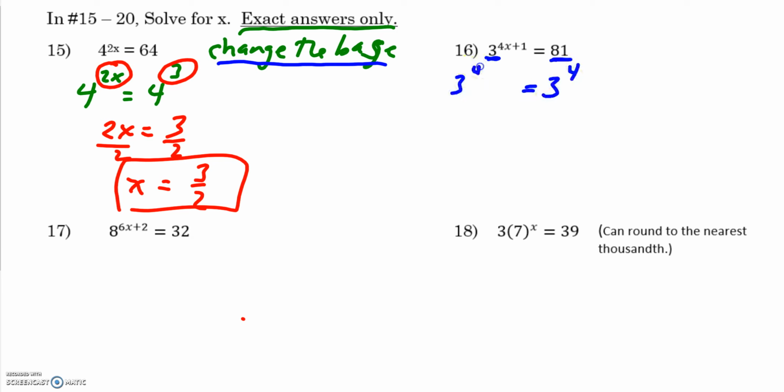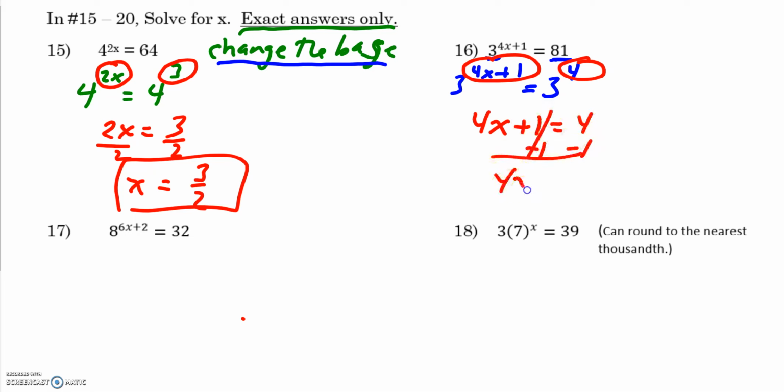So 3 to the 4x plus 1 is equal to 3 to the 4th. So just like number 15, if the bases are the same, I know that the exponents must be equal. So 4x plus 1 must equal 4. 4x must equal 3. So my exact answer would be x equals 3/4.